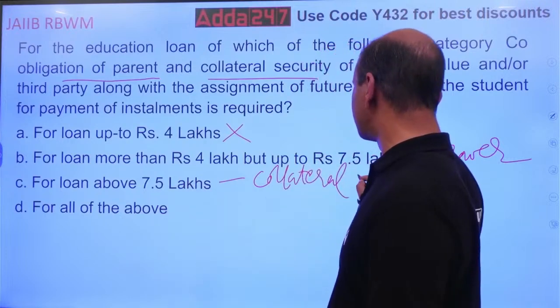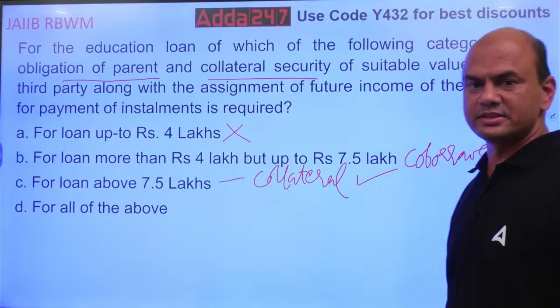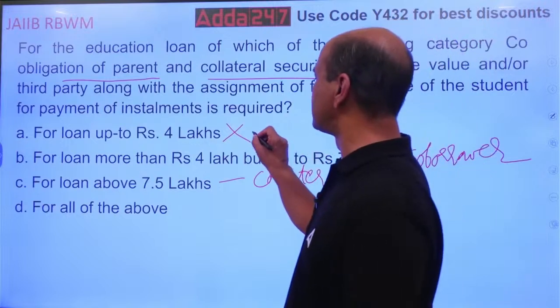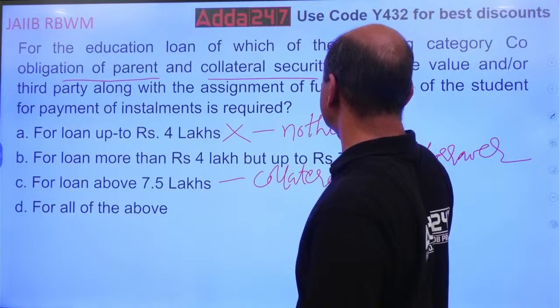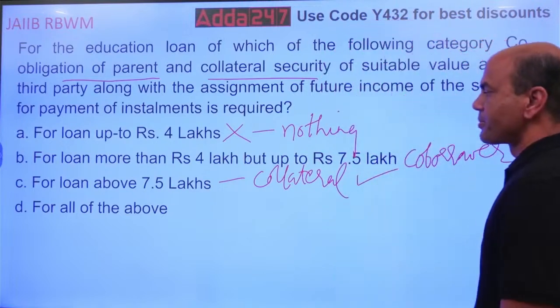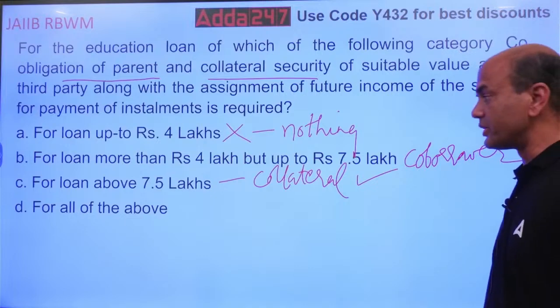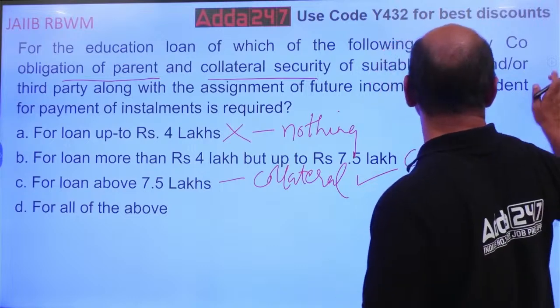So, the correct answer over here is this, for loan above 7.5 lakhs. Okay? Kindly note this. Up to 4 lakhs, nothing. 4 lakhs to 7.5 lakhs, it is co-borrower. Above 7.5 lakhs, it is co-borrower plus collateral. Okay?